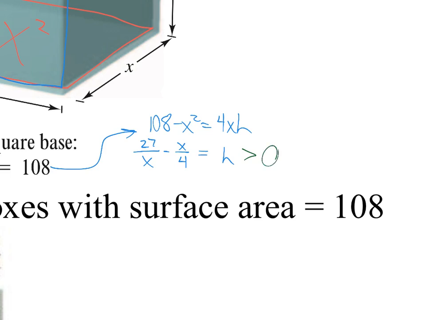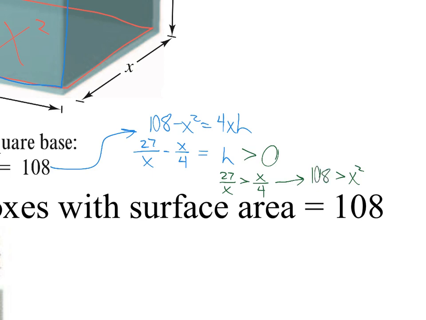So I could figure out what x would need to be. 27 over x would have to be greater than x over 4. Which means that, if I cross multiply here, I'd have x squared has to be less than 108.